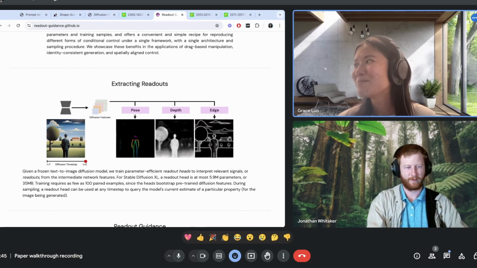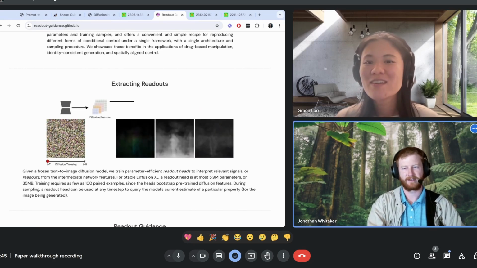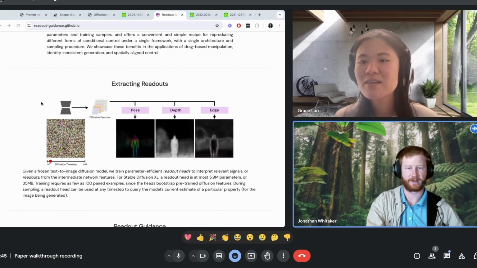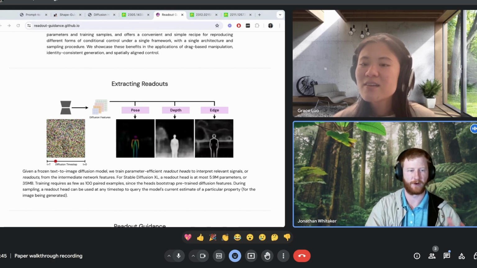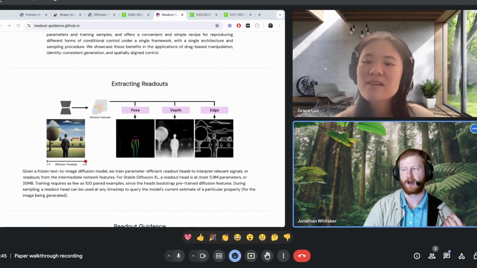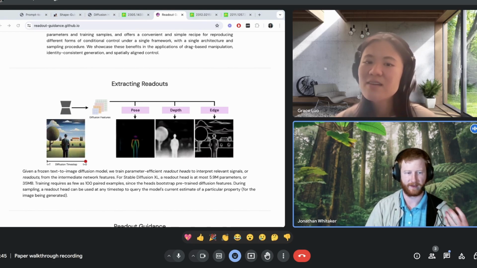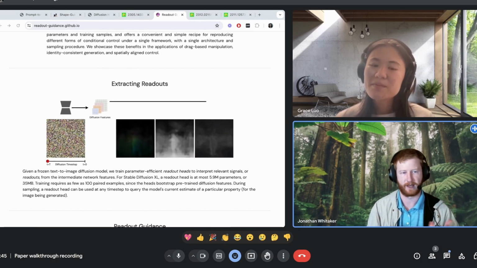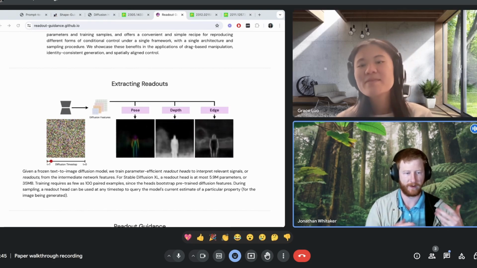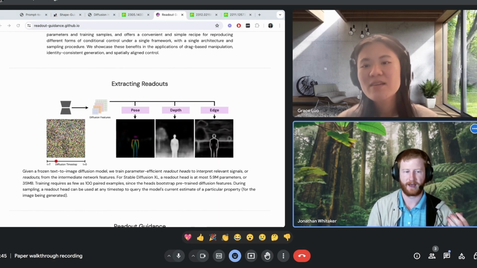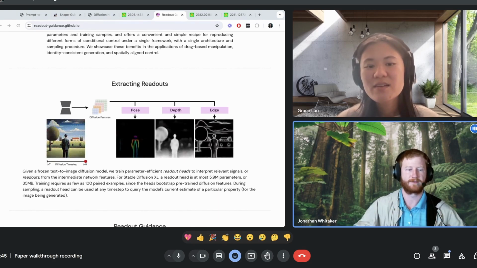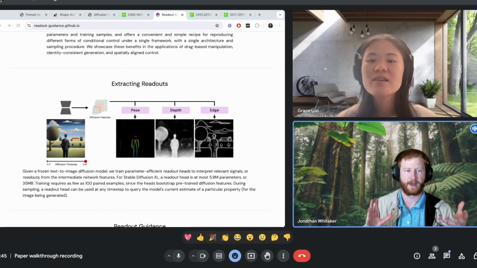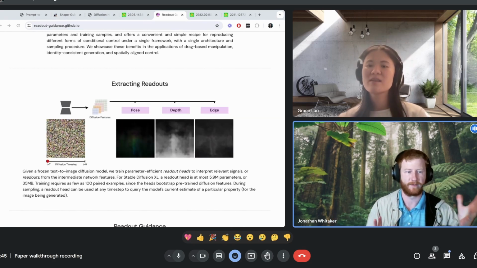Maybe one that I can prompt you with is, are there directions you can think of next? Even the pattern that you've shown here, I can imagine, oh, I want to first train a readout head that predicts a face ID hash or something like that, and then I can have personalized generation. Or maybe I want a readout head that's specific to certain types of textures on clothes so that I can do virtual try on, or a readout head for different types of satellite image segmentation.